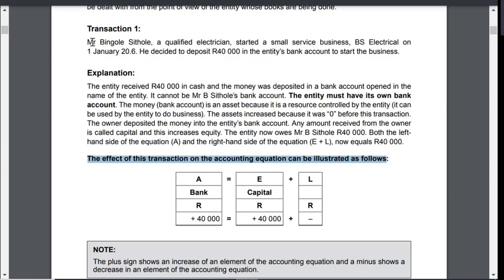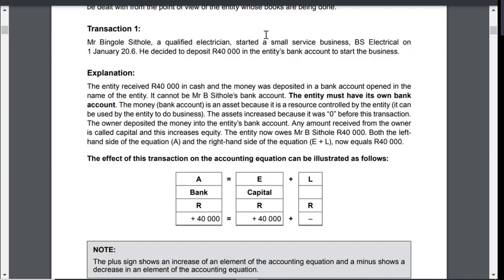Before we get to the effect on the accounting equation, you need to understand what this transaction means. When you look at the transaction, the double entry principle comes into play. For every debit, there must be a matching credit.